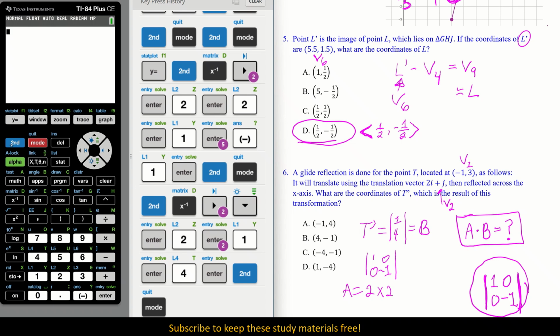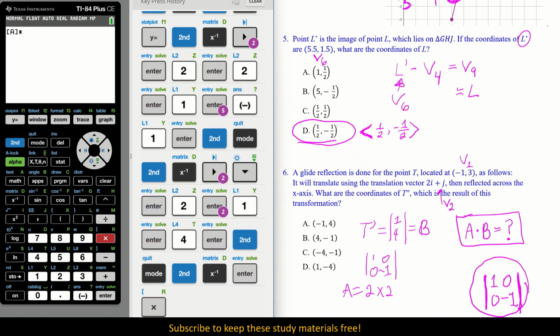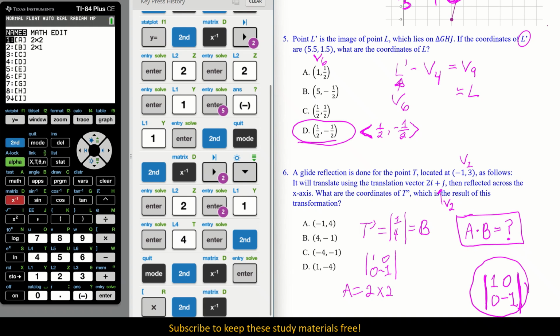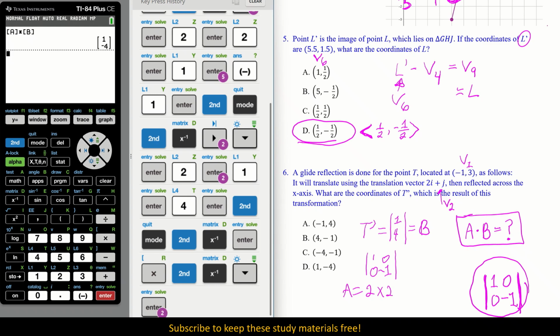Let's do those operations. Second matrices, I want A, so push enter, and I am multiplying. I have to multiply them together in order to get it to translate. Then I go second matrices again, but I have to arrow down and select my populated B, press enter and enter again.